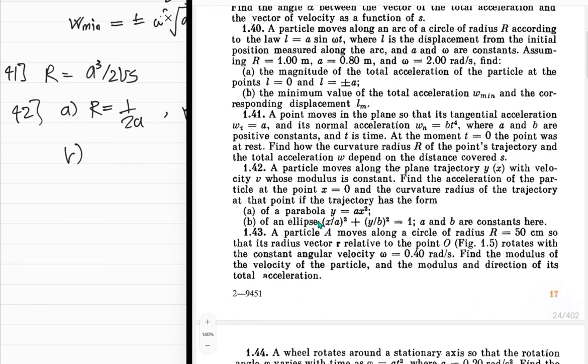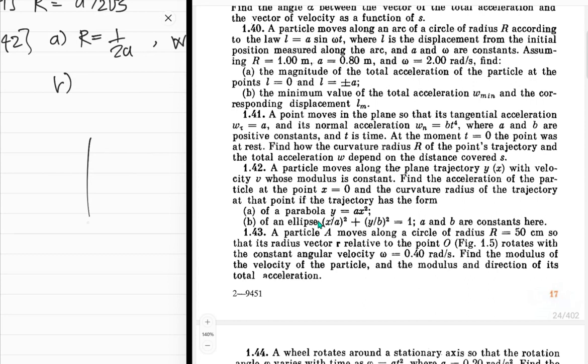This is an ellipse. So x squared upon a squared, all that stuff, right? Now at x equal to 0, I remember I actually did derive something for this, but now I don't have it in my mind anymore.